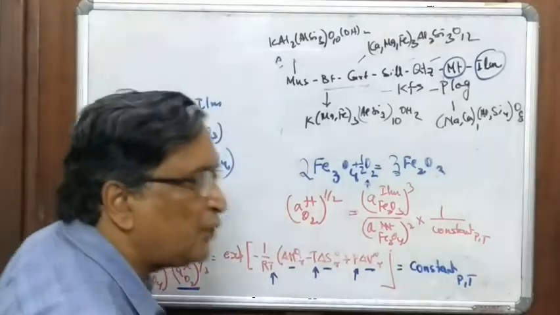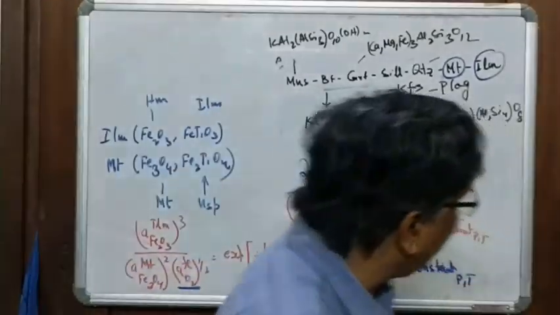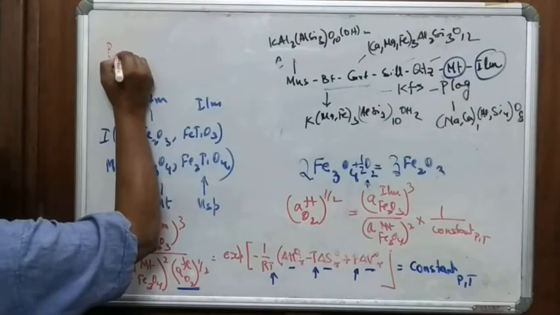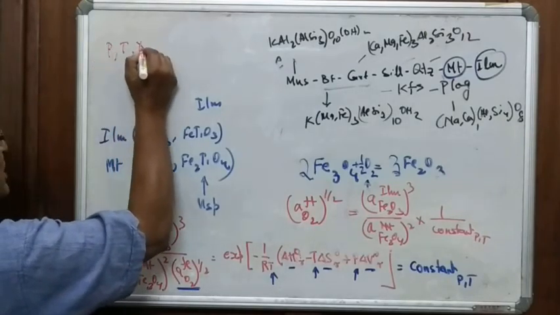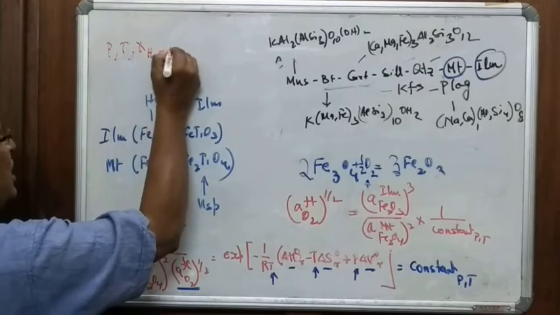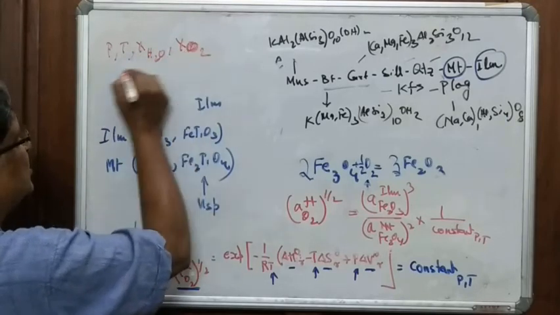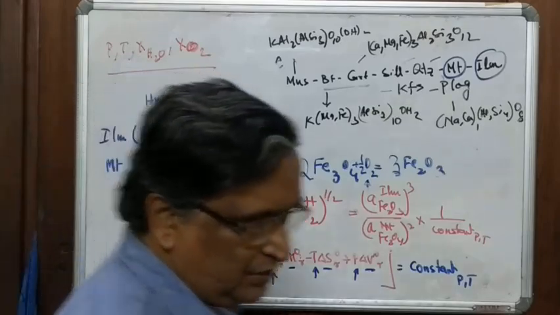So activity of O2 can be found out. So from this assemblage, we eventually found out pressure, temperature, XH2O and XO2. These are the things that we could find out.